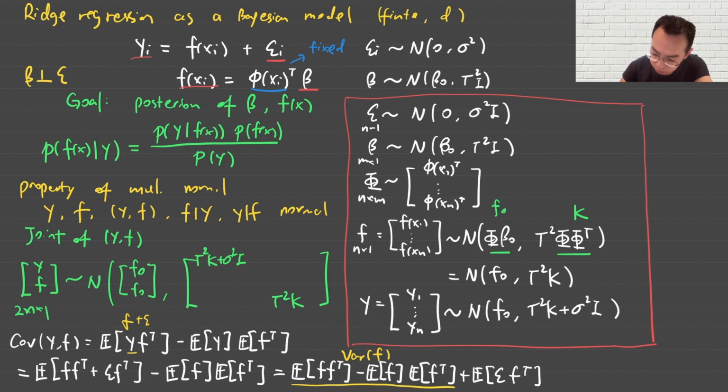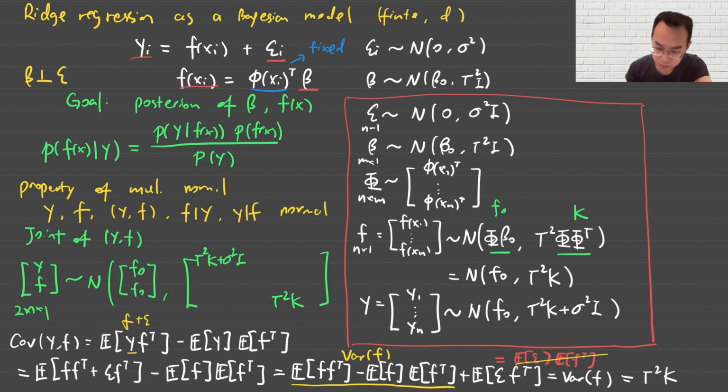That means this term equals the expected value of epsilon times the expected value of f transpose. Then this whole term goes away because the expected value of epsilon is 0. So this whole thing just gives us the variance of f, which equals tau squared times K.